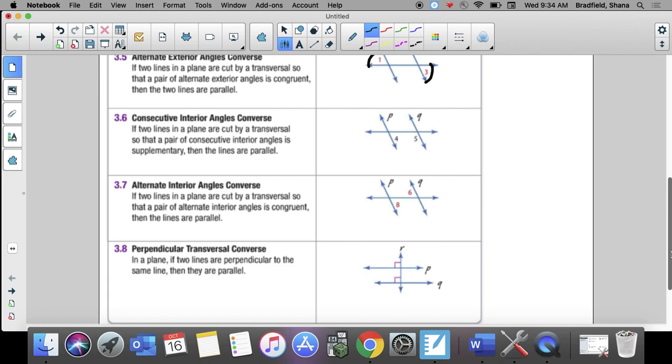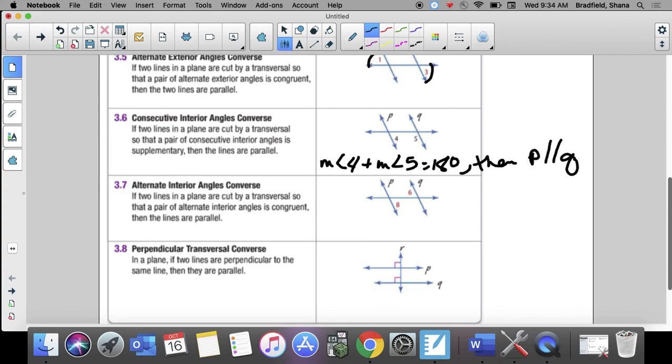If 4 and 5 are congruent or supplementary because they're consecutive interior angles, then lines P and Q are parallel. So the measure of angle 4 plus the measure of angle 5 is equal to 180. Then P is parallel to Q.